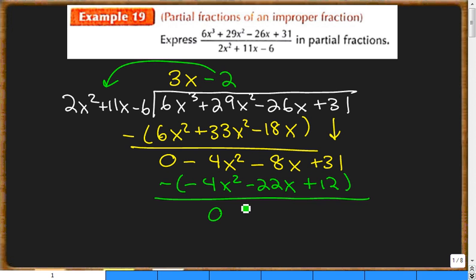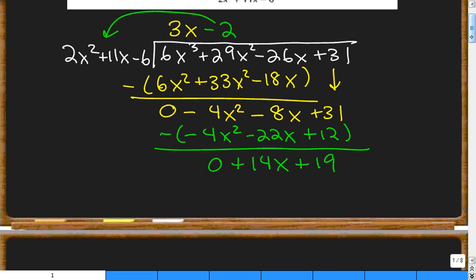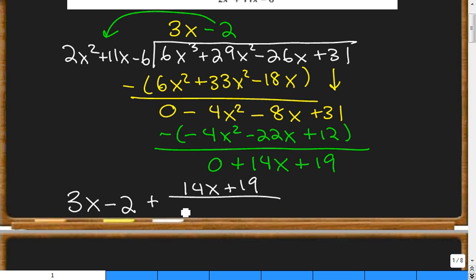That's going to give us a positive 14x. And 31 minus 12 should give us a positive 19. So overall, what we're going to have here is 3x minus 2 with a remainder of 14x plus 19 over 2x squared plus 11x minus 6.